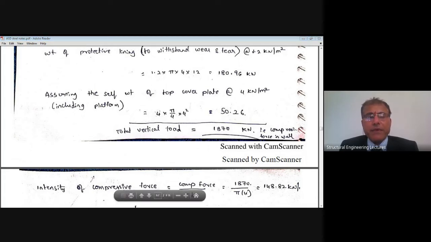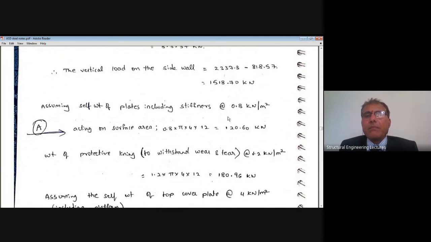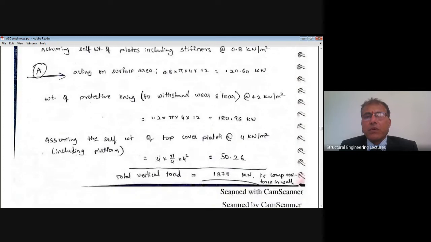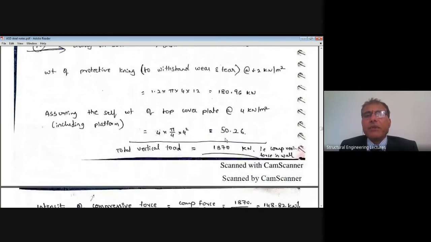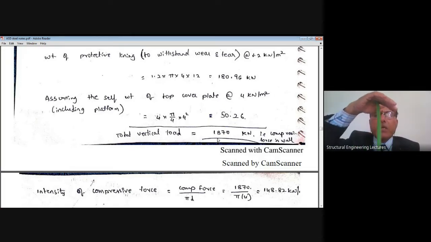If I club up everything top to bottom, now it works out, right? These summations: 1518 plus 1 plus 120.6 plus 180.96 plus 50.26 will work out approximately 1870 kilonewton of the compression load on the wall. That much of huge compression is there, right?